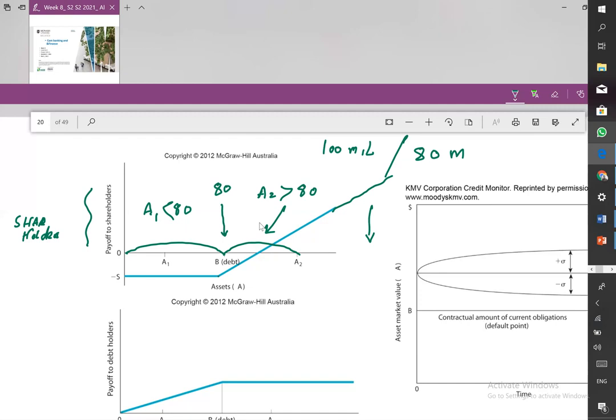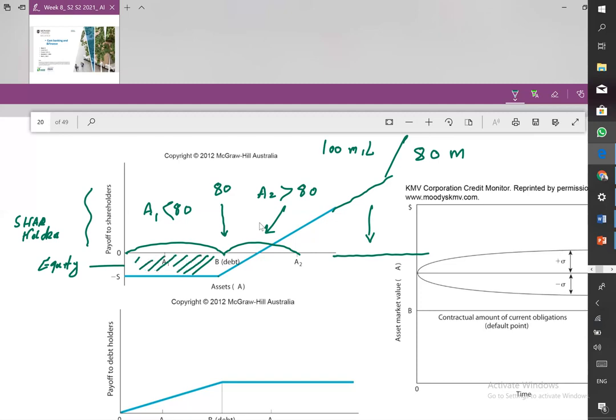The value of this option will be very high, and keep increasing as the company continues. But if the value of the company goes under the debt, then what they will lose is their equity. So this is the maximum they can lose.